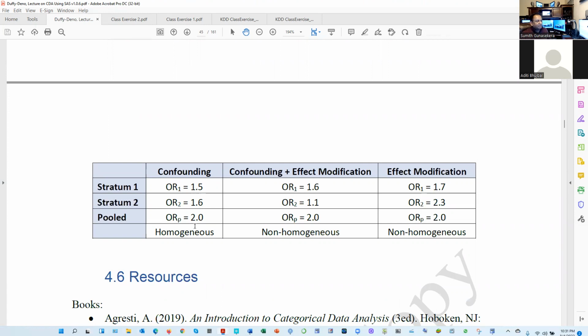Whether it's a confounder or not, how are you going to find out? You separately find the odds ratio for male and female.